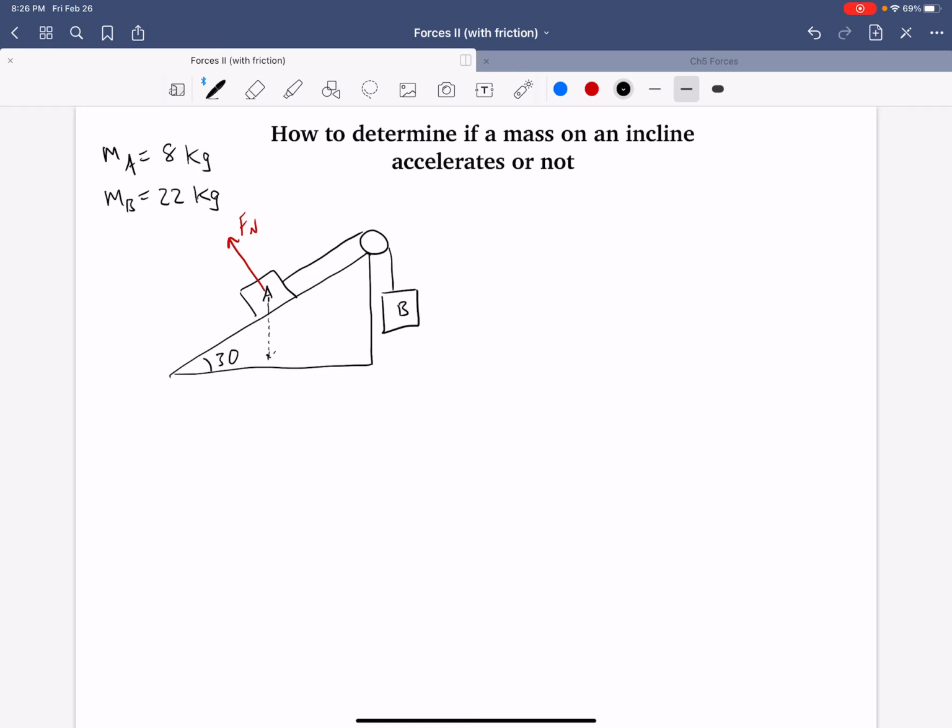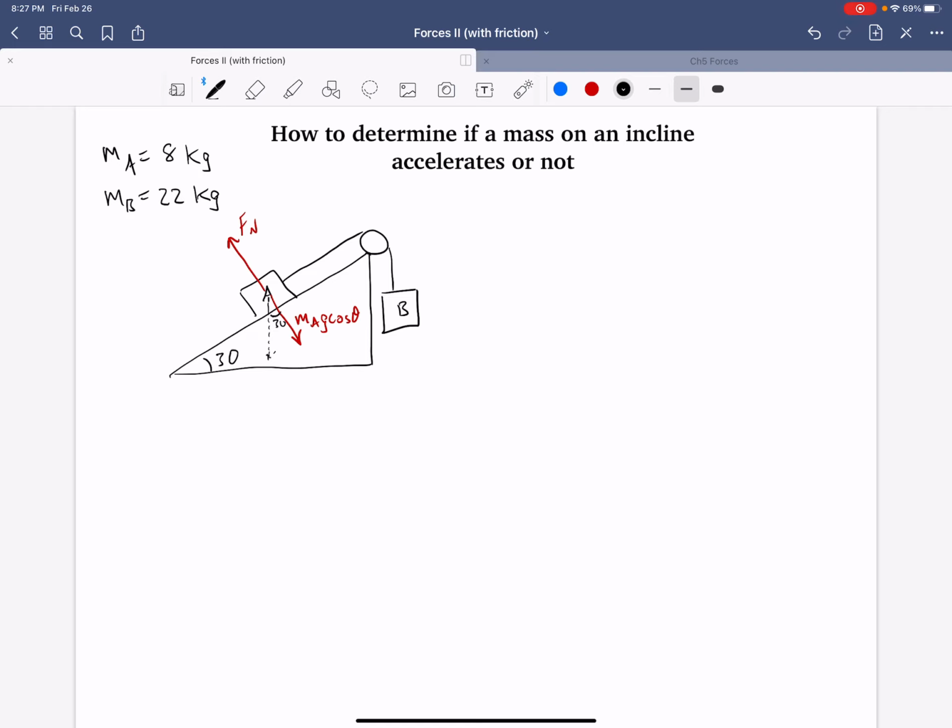That's actual gravity, but I'm going to go ahead and draw it in components. So this component here is MAG cosine theta. Remember that angle is also theta. And yes, I know it's cosine 30, but I'm just going to draw theta for right now.